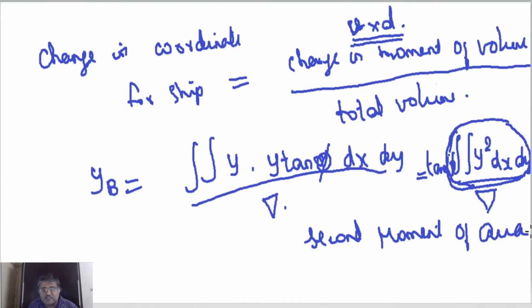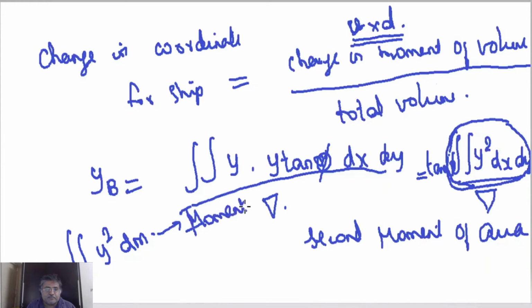I strongly suggest that you slightly go over this old section. This basically comes from the moment of inertia. You must have studied it. If m is a mass, then integral y square dm will give you the moment of inertia. I'll write it here, moment of inertia.